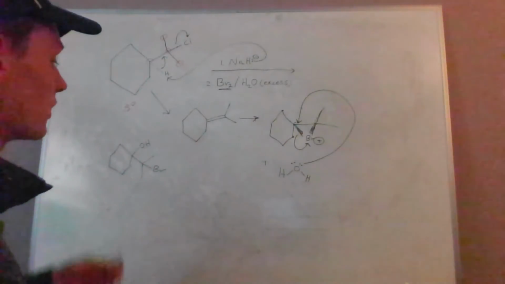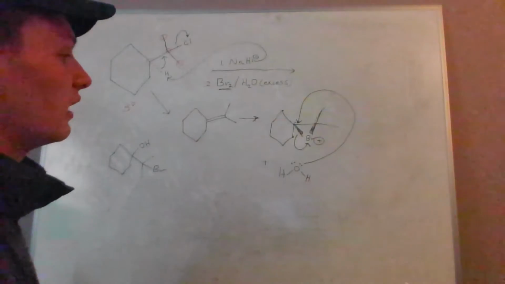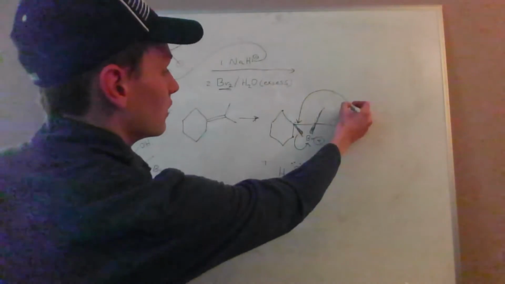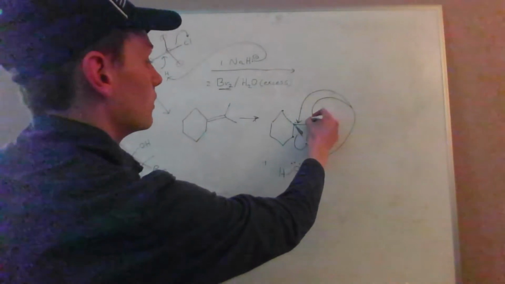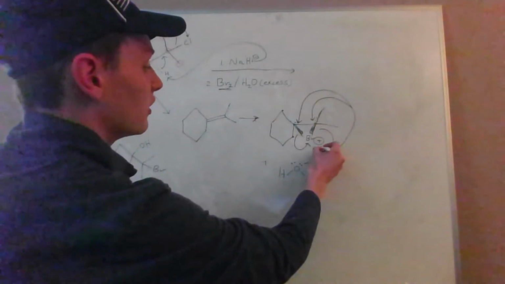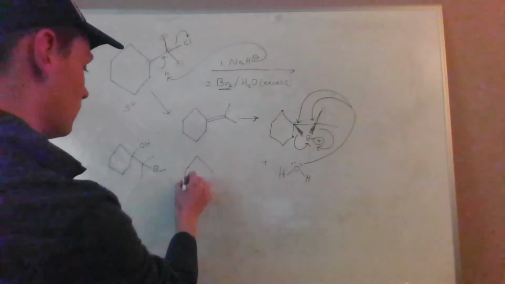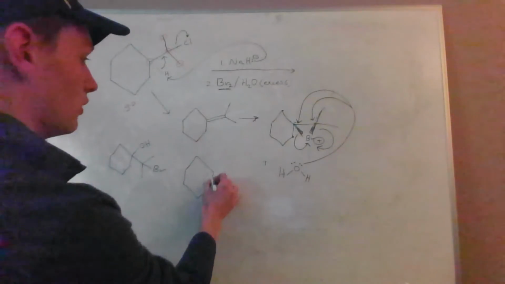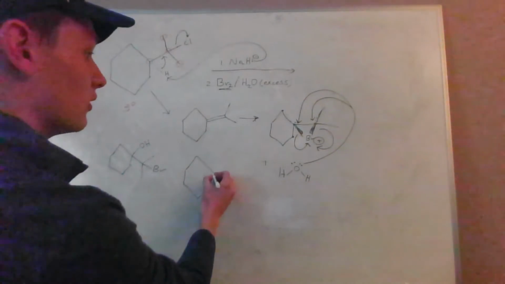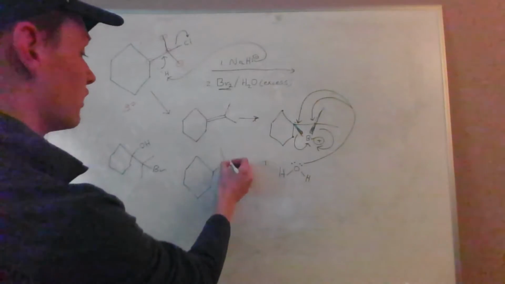Okay, so that could be a product, right? And then if it attacked here on this carbon, then this would go on our bromine, right? So we could get this product, in which we have kind of the same thing, really.